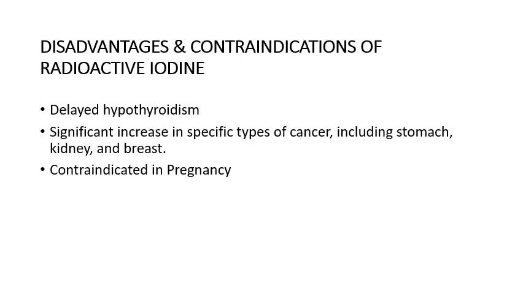And there can be a very rare but significant increase in specific types of cancers like stomach, kidney and breast cancers, because these organs also have the sodium iodide symporter. So they will take up the radioactive iodine, which may increase the risk of cancer in these organs. And the most important point you should remember, radioactive iodine is absolutely contraindicated in pregnancy. It should not be used.